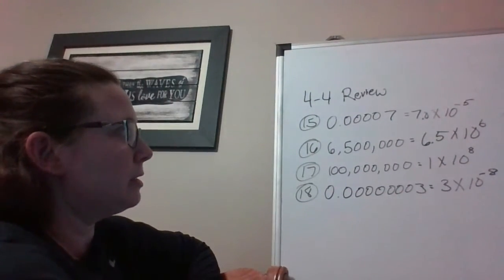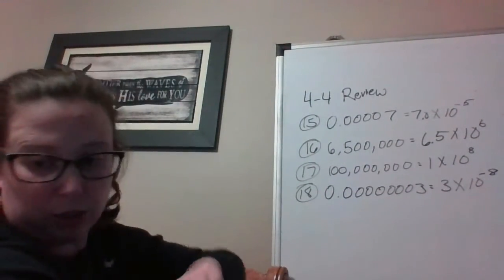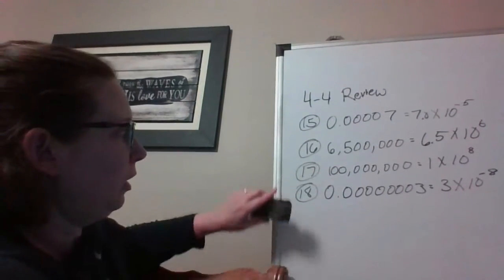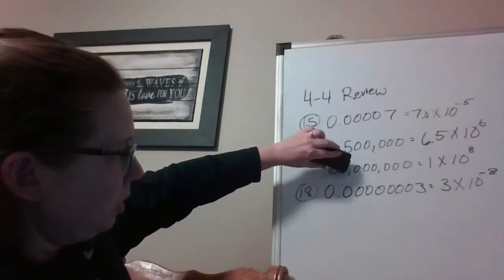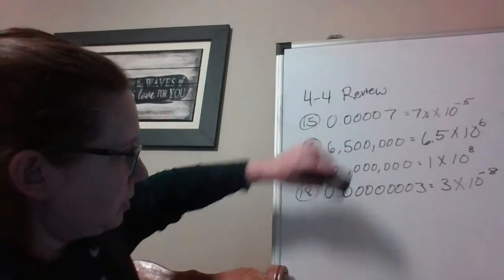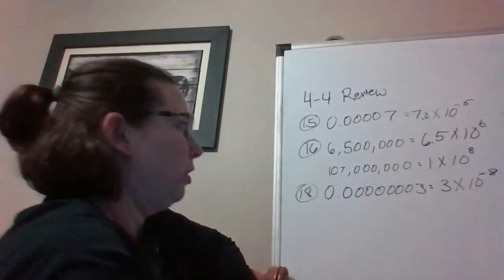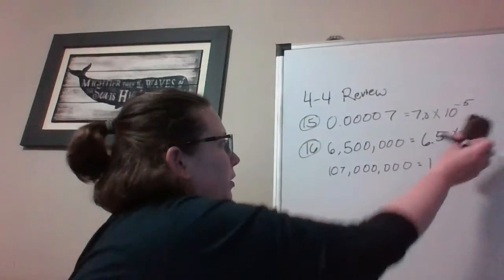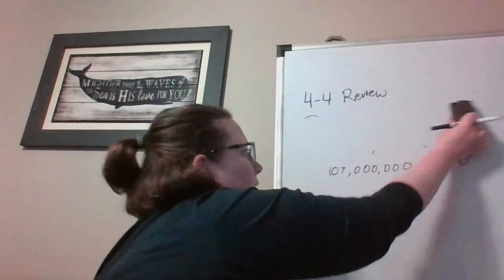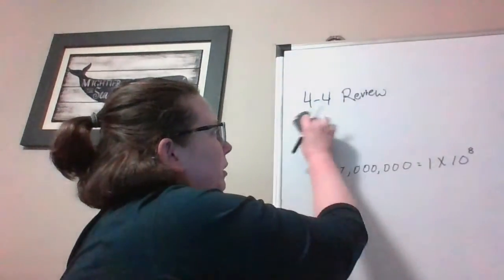What I would like to say is, this is not going to be 17 anymore. But if I change this to say a 7, so we have 107 million rather than just 100 million, I would need that 7.